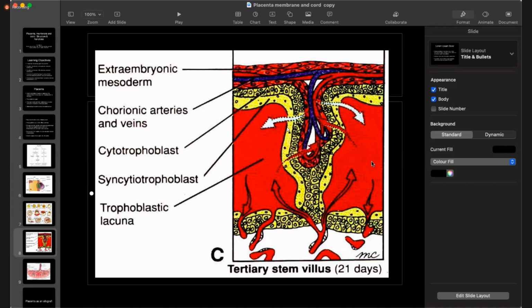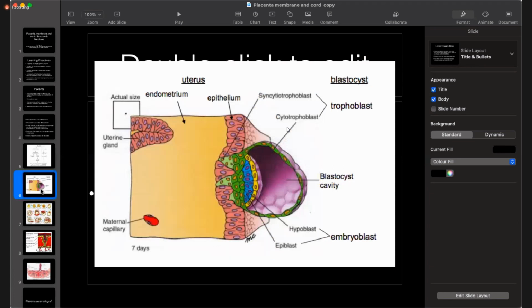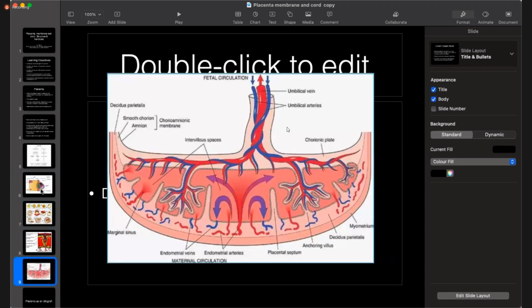This forms lacunae, so these villus structures are exposed to the lacunae. The lacunae get blood from the maternal side and fill, and whatever exchange occurs happens in the tertiary villi, the terminal villi part. Again, it is a plate-like structure.